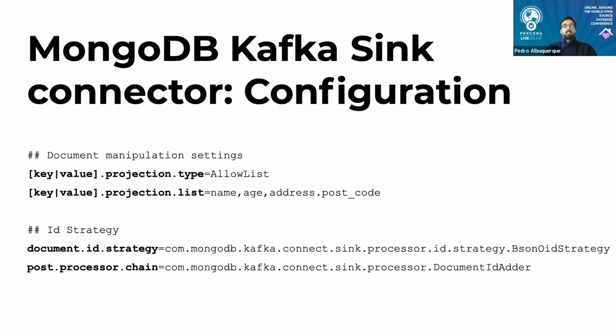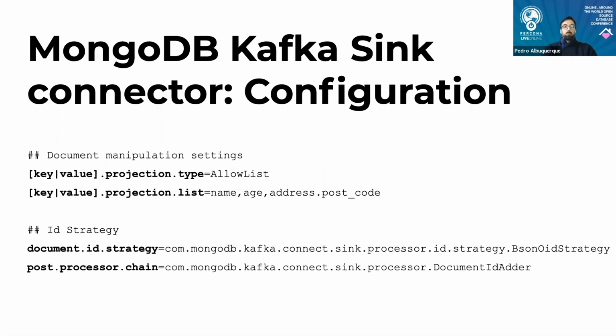With this connector, it is possible to define the field projection by creating block or allow lists. The connector can be configured to ensure messages include a value for the underscore ID field. It uses the Debezium object ID strategy, which generates a new object ID for the underscore ID field if it doesn't exist.